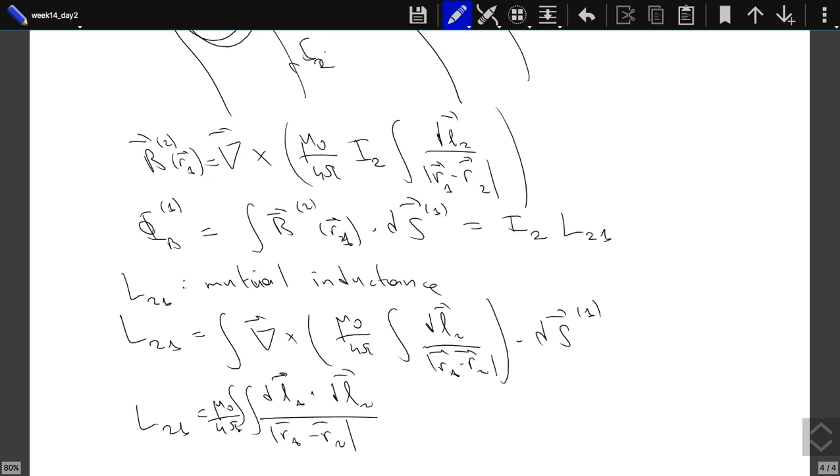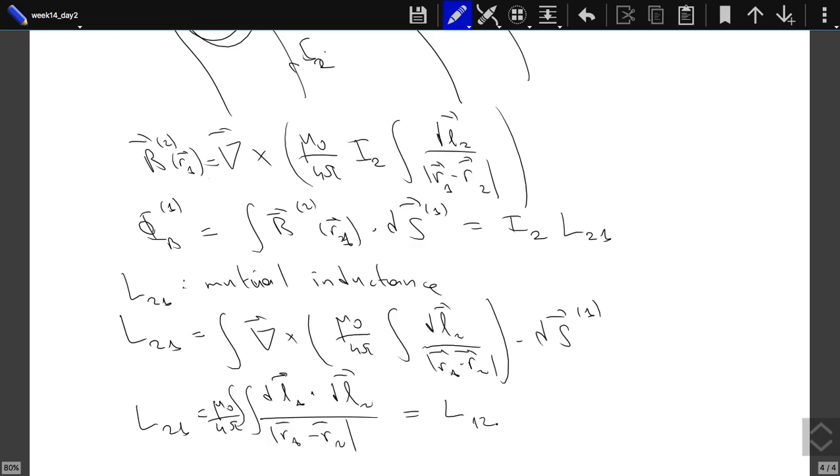But you see, if I exchange 1 and 2, that is the mutual inductance of the first loop on the second loop, well, nothing changes. So this is equal to L12. Which one?